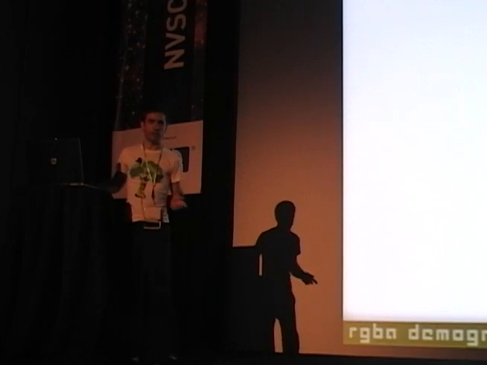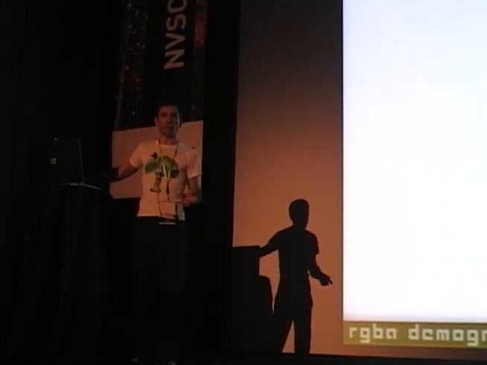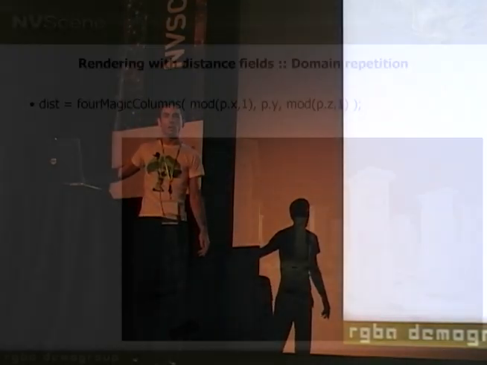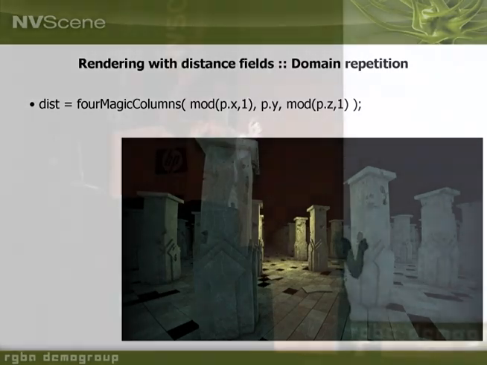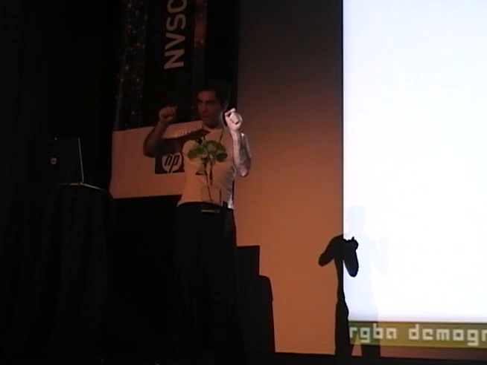The nice thing with this technique is that you don't really need to add anything. You just have to change the input to your function. The input is XYZ, of course, the point in space. Now, if you want your function to be repeated, if you want your function to become periodic, you just have to make your input periodic. So if you use a mod operation, this is a math operation that makes something like that, that goes from 0 to 1, and then again from 0 to 1, and then again from 0 to 1.